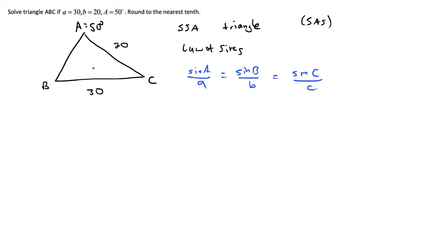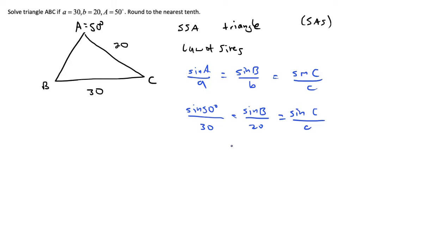Let's fill in what we know: the sine of 50 degrees over its opposite side, 30, equals the sine of B over 20, equals the sine of C over its opposite side. Notice that we have three ratios, but in the last one none of the values are known, so we're going to have to solve for that last.